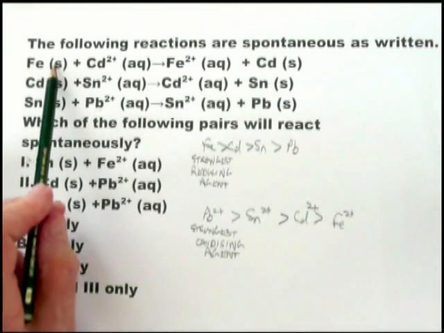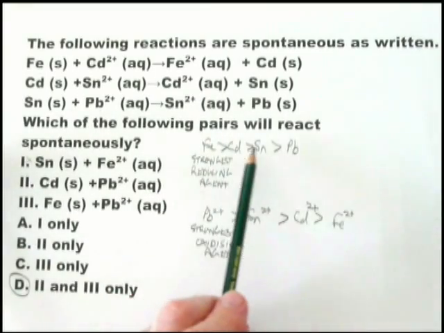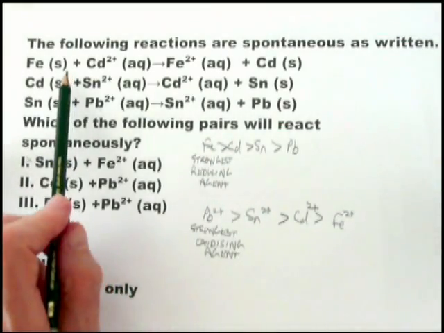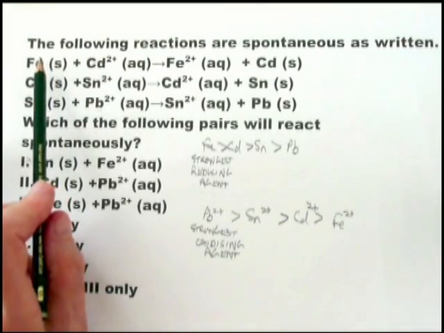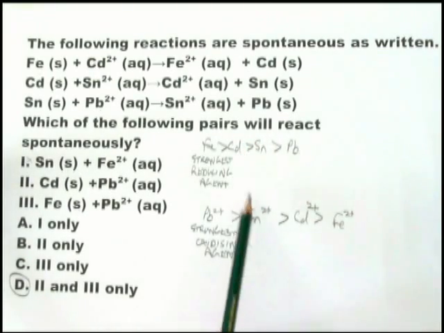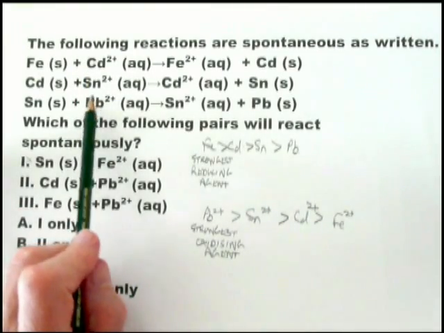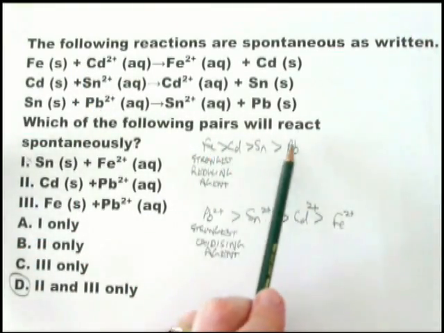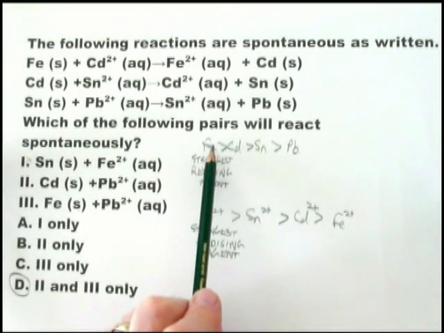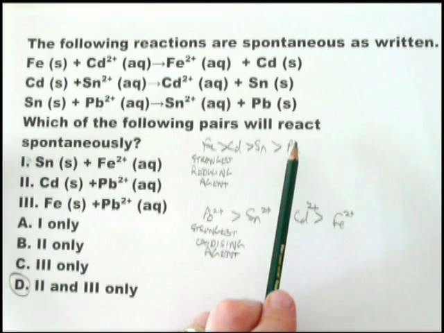If there are only two equations given to you, then there can only be 3 items in the list, and so it becomes easier to see the strongest and the weakest, and then the other one must be in the middle for both of these. If there are 3 equations given to you, then there are going to be 4 of these, and it's best to work them out in order: iron is strongest, then cadmium, then tin, then lead.